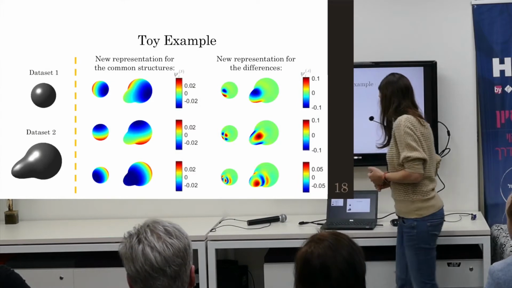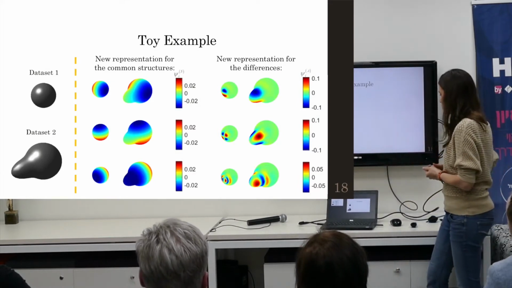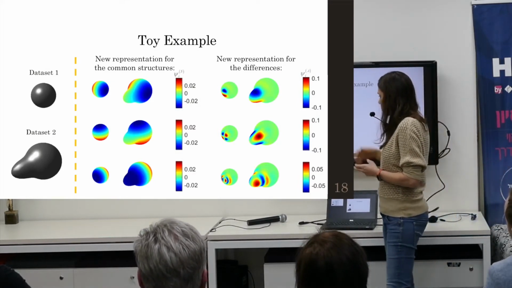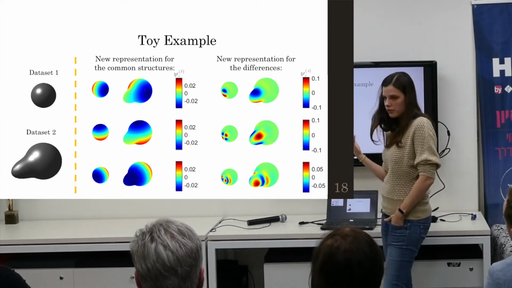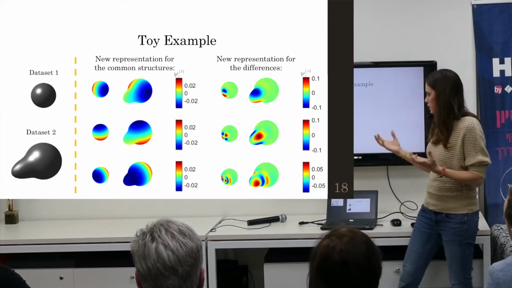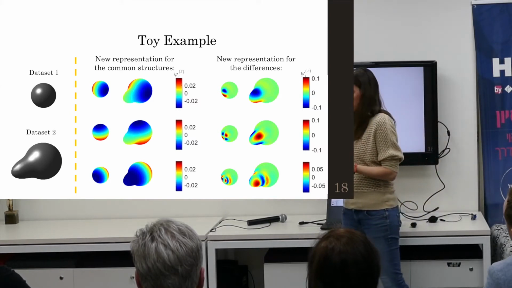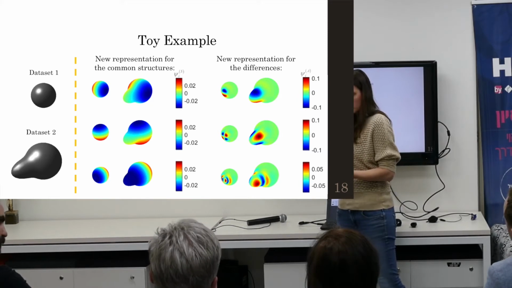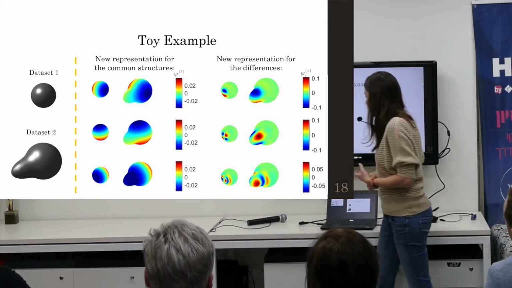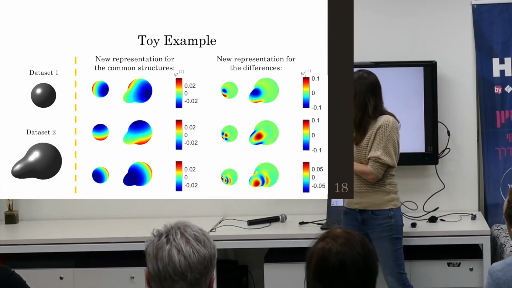Okay, so some results based on these operators. So the first example is the one I discussed until now, the sphere and the sphere with the bump. So what we did is take one data set of points sampled on the sphere and the second data set of points sampled on the sphere with the bump, and constructed a diffusion operator for each.